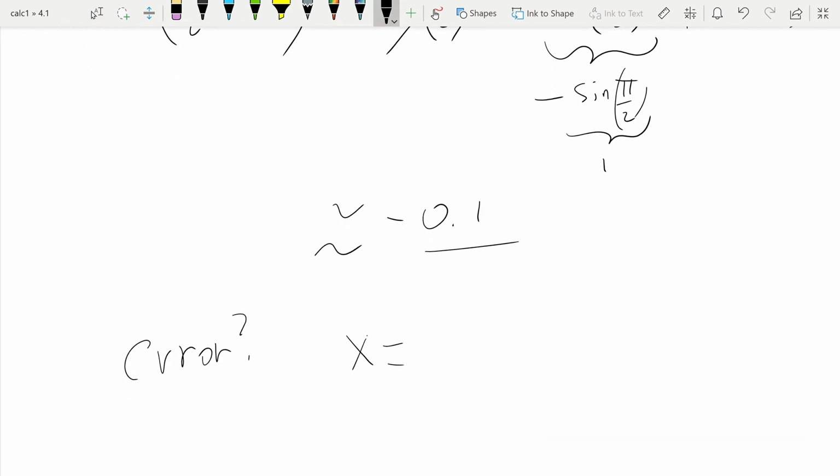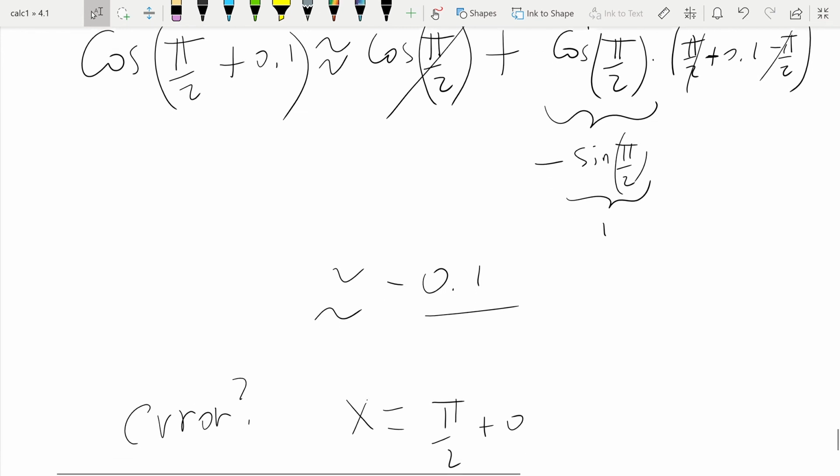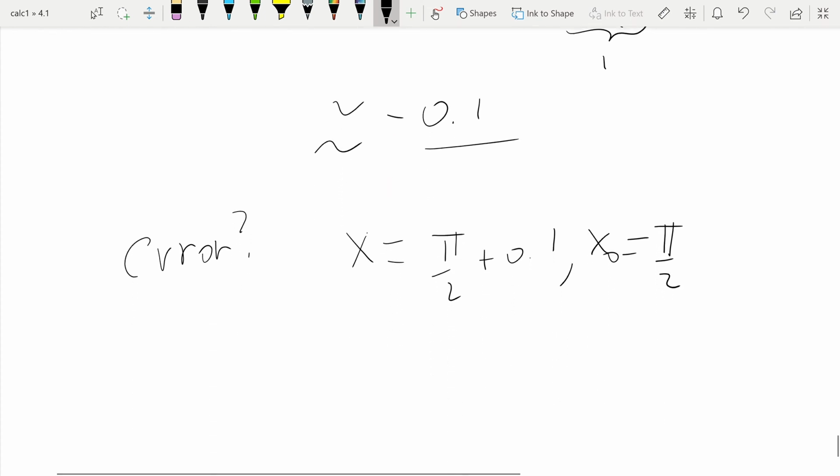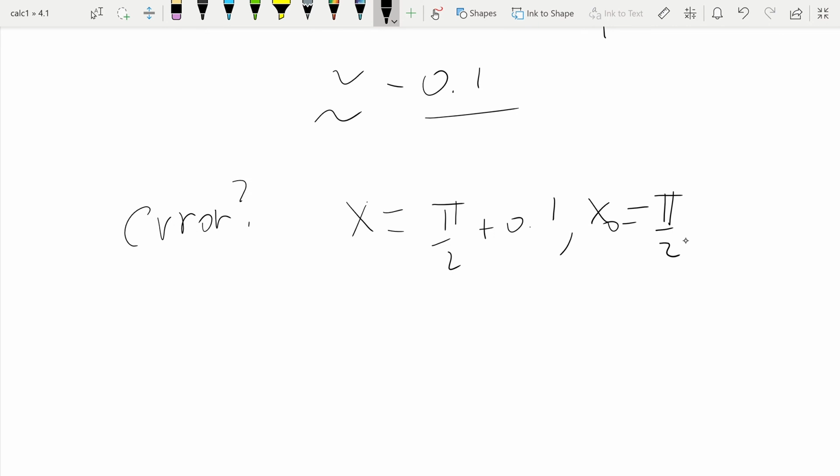X here is equal to pi over 2 plus 0.1, and x naught is equal to pi over 2. And so x minus x naught is 0.1.